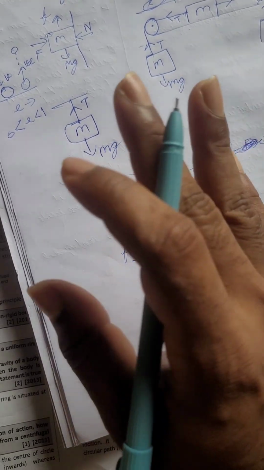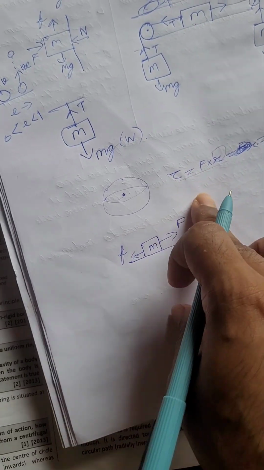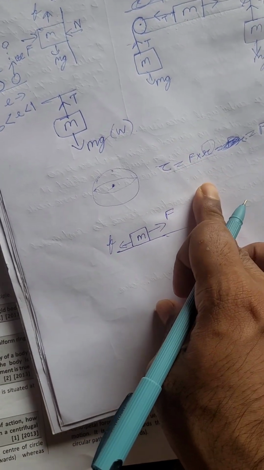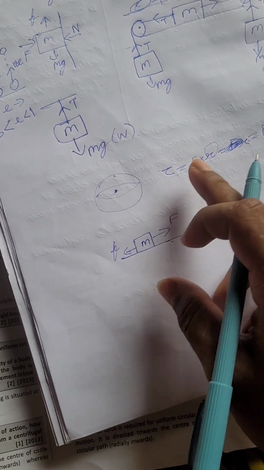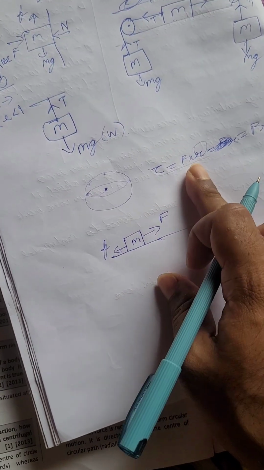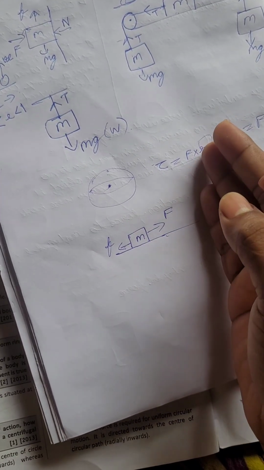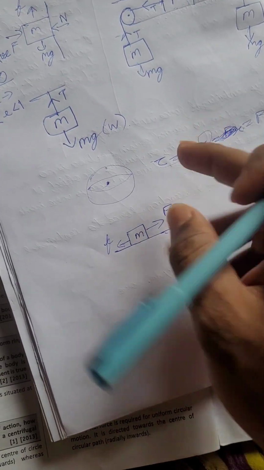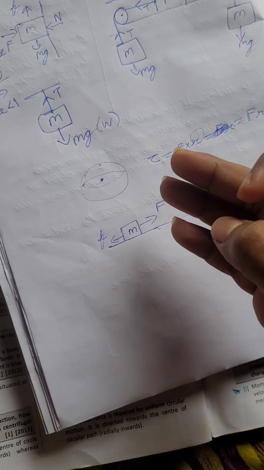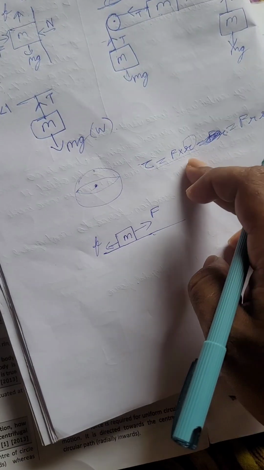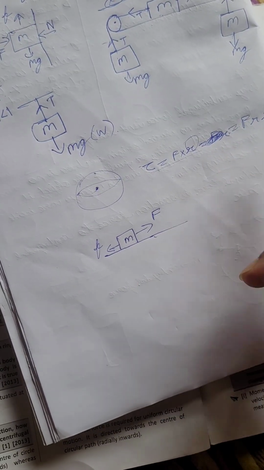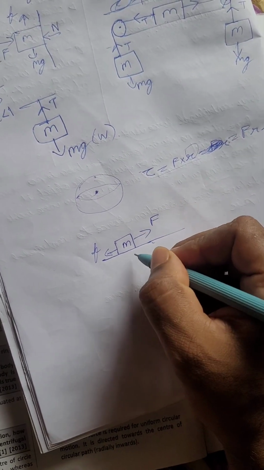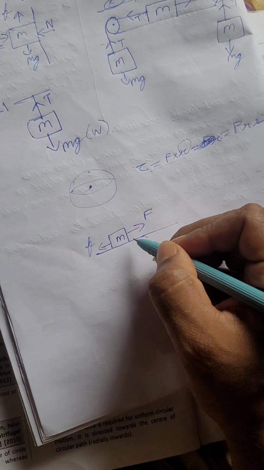Friction is like when you are rubbing your finger against the copy; the copy provides a friction force that opposes my motion, so it applies a force in the opposite direction.